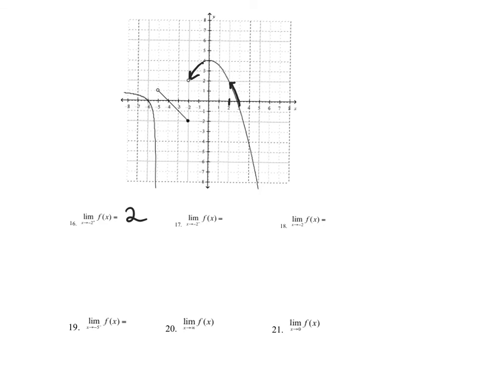Now, if you're coming from the left, you're going this direction on this line segment, so that is going to negative 2, and so the limit at negative 2 does not exist because they're going different places. And we always said if they're going different places, the limit does not exist.